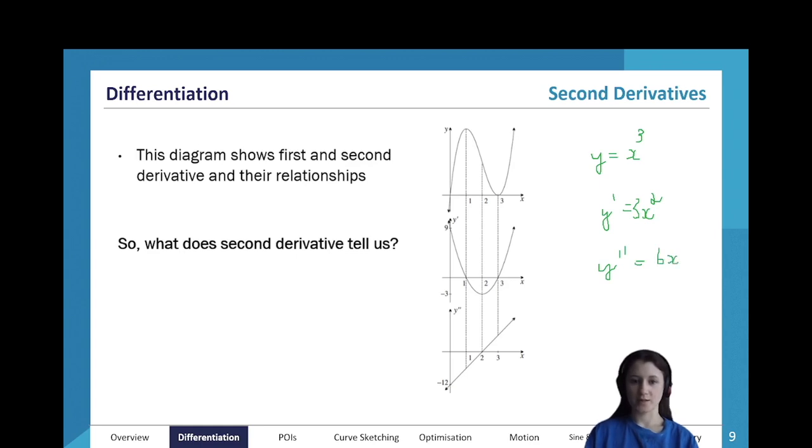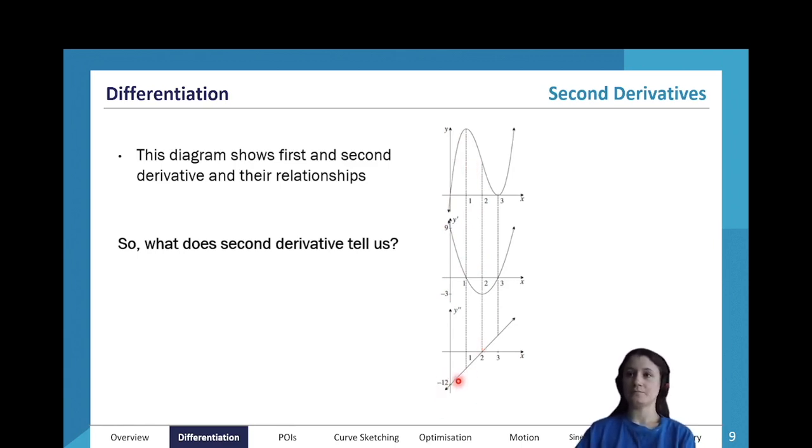So as you can see, it's starting at a cubic, which is more curvy, then it's going down to a parabola, which is what we see here, and then it's finally going down to a linear, which is what we see here. So, even without necessarily labeling the functions, if you were in a multiple choice, for example, you would be able to tell which is the derivative, because we're getting less and less curvy as we go down.